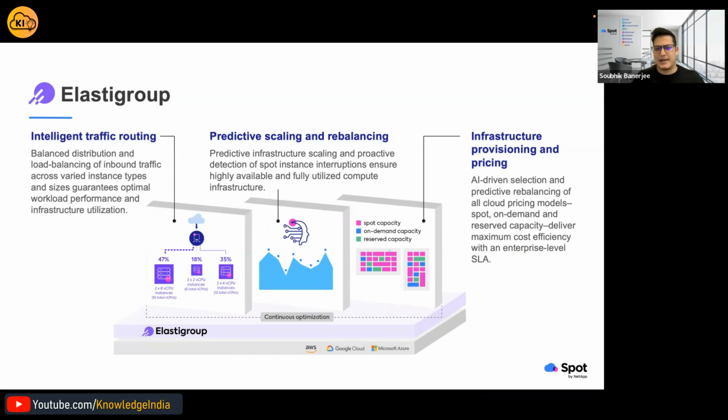Again, it's totally dependent on you whether you want to choose it or not. We will see when we come to the demo or go into the deep dive. But basically, yes, these are the features which give Elastigroup a unique proposition for customers. Super. Yep. Thank you.